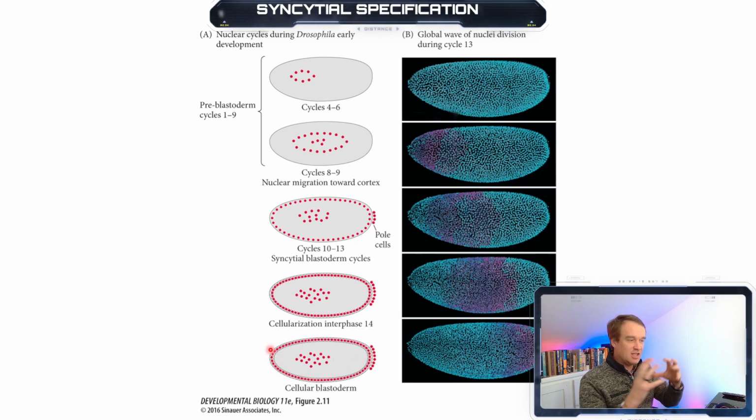So instead of each cell splitting in half multiple times, it starts by replicating all these nuclei, puts them along the edge of the cell, and then builds cell walls around them to become the new cells. Then there's an interaction between these nuclei and cytoplasmic determinants.